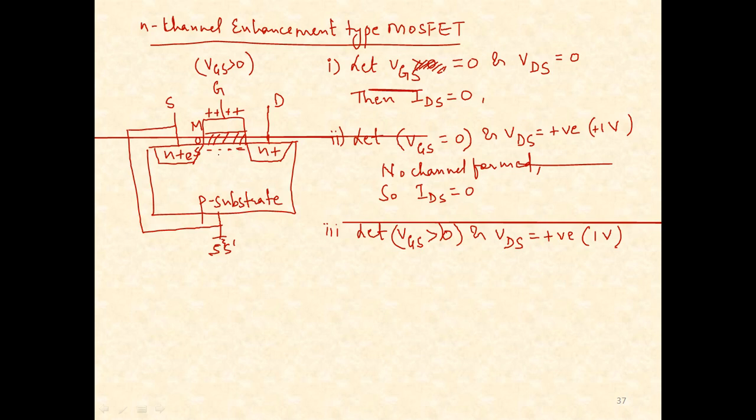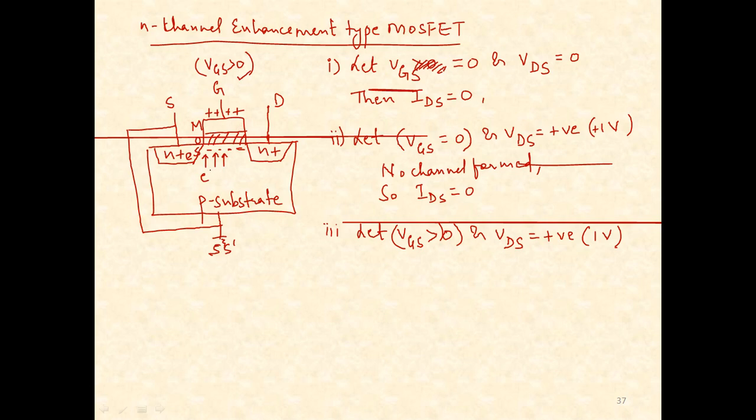Negative charges are nothing but electrons, but where do they appear from? That's the most important question, because in the P substrate holes are the majority carriers. Even though holes are the majority carriers in the P substrate, there will be some amount of minority carriers, which are the electrons. So those electrons will be moving towards the surface just because of this applied polarity and the capacitive field effect.